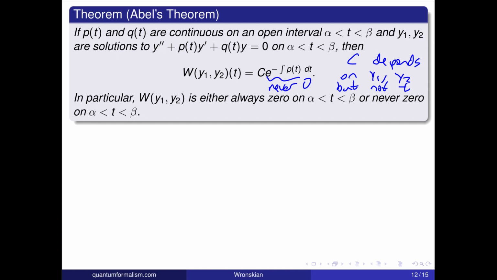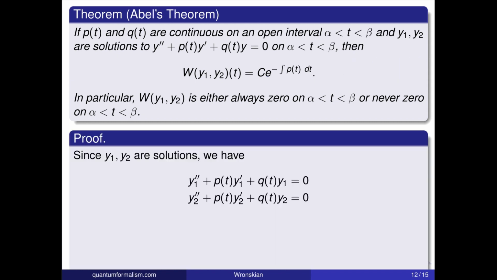Okay, so how do we get this formula for the Wronskian? The answer is that we do a little bit of algebra and then solve a first-order differential equation. So first, we know that y1 and y2 are solutions, so we can plug them into the differential equation and know that we'll get 0 on the right-hand side.